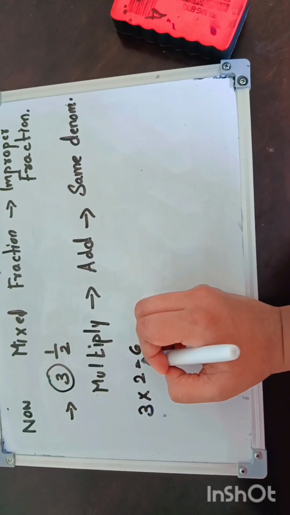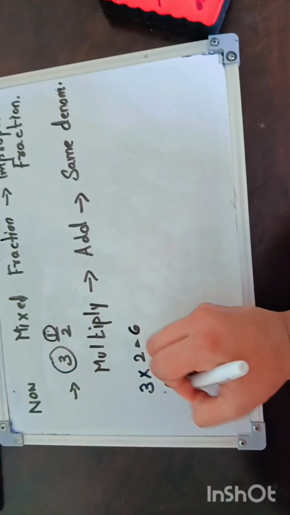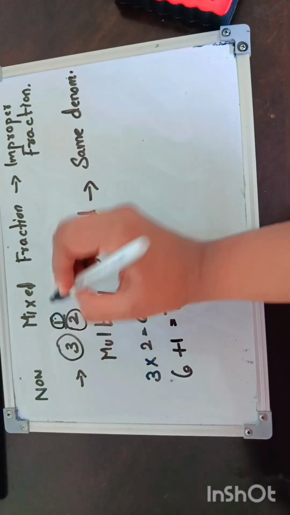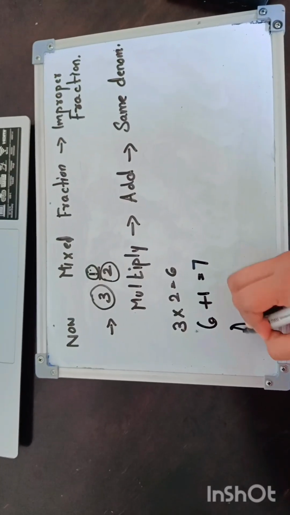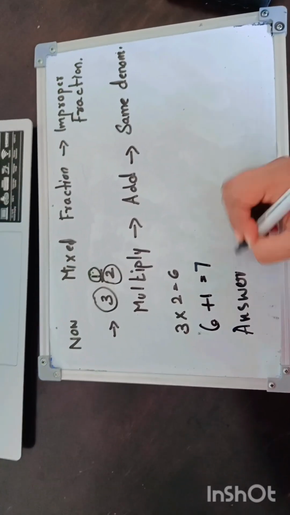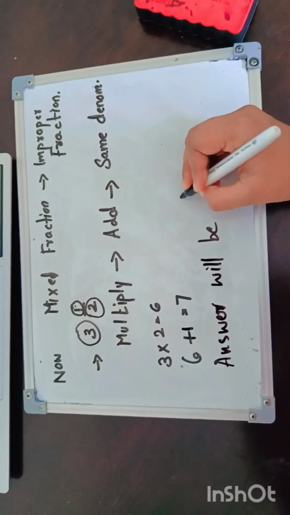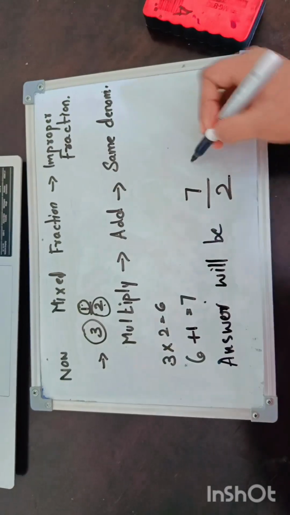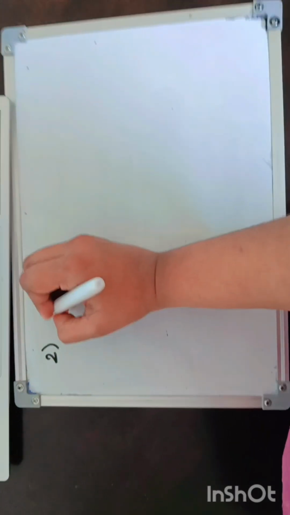Then we add the numerator: 6 plus 1 equals 7. That is multiply and then add. And finally, same denominator. We keep the same denominator, which is 2. So our final answer is 7 by 2. This is how we convert a mixed fraction into an improper fraction.